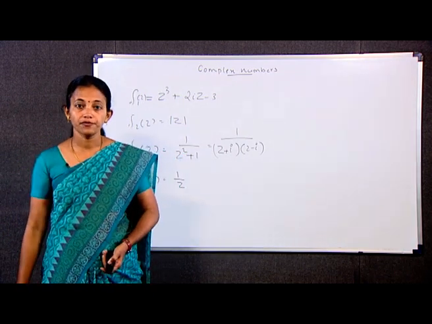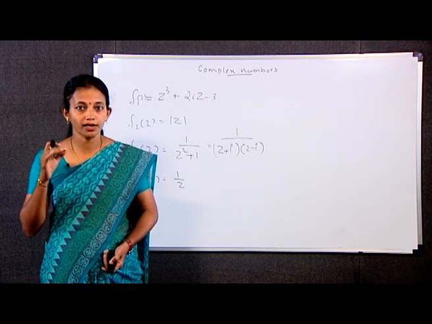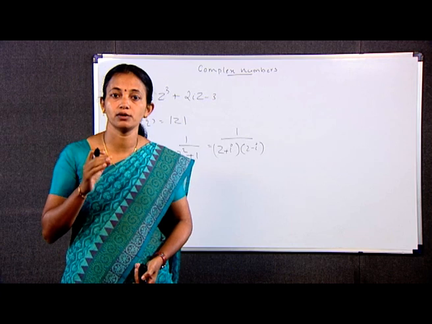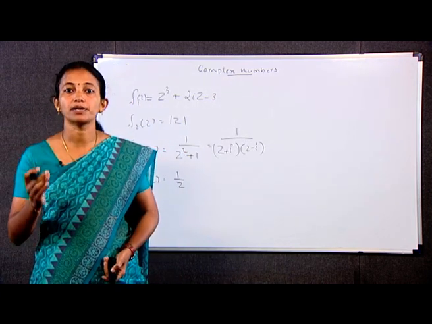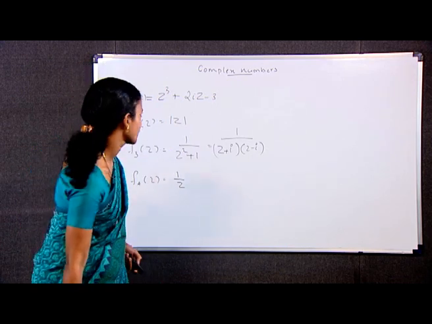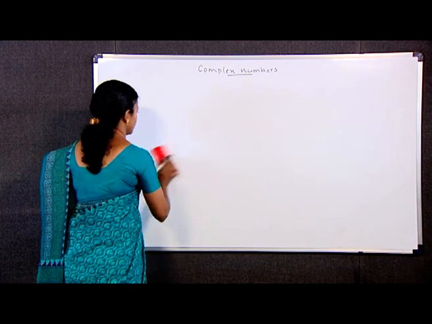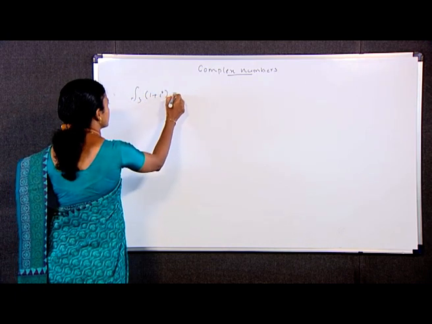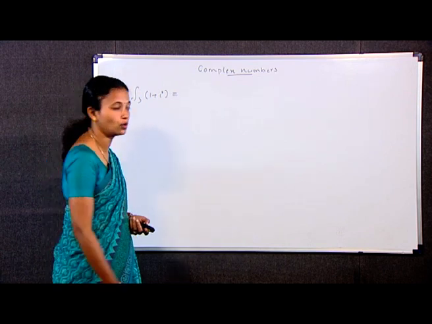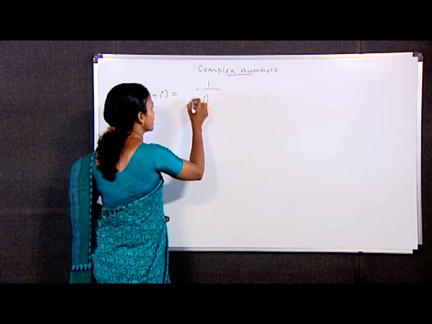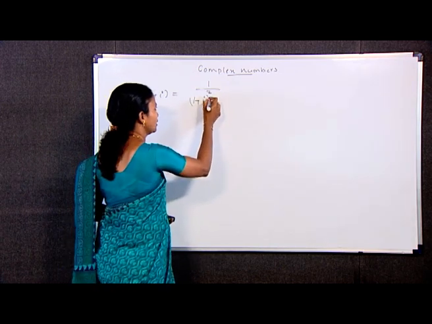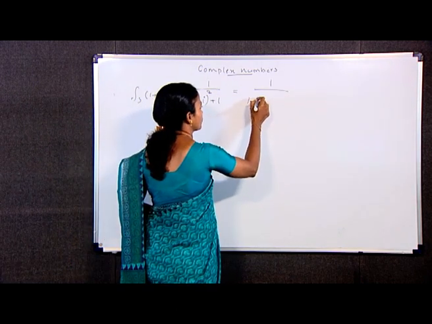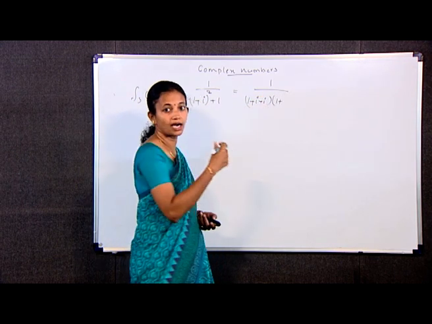f3 is a complex valued function of a complex variable z, since in particular we have f3(1 plus i) is equal to 1 by ((1 plus i) squared plus 1), which we can write as 1 by (1 plus i plus i) into (1 plus i minus i).